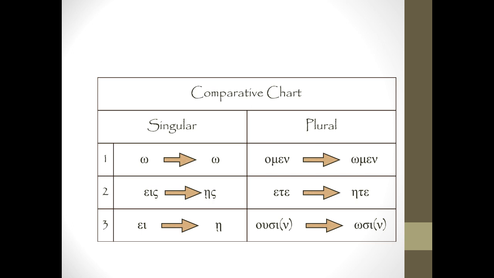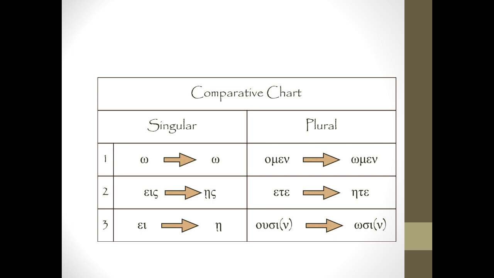In the plural, where we used to have omen, we now have omen with a long omega sound instead of the short omicron. In the second person plural, instead of ete, we have ete with an eta, and in the third person plural, instead of ousin or ousi, we have osi or osin. So the first thing you need to know is that in the subjunctive, we have simply lengthening.